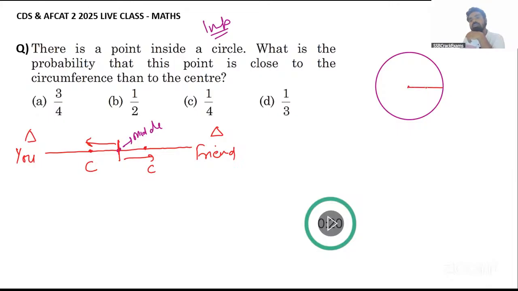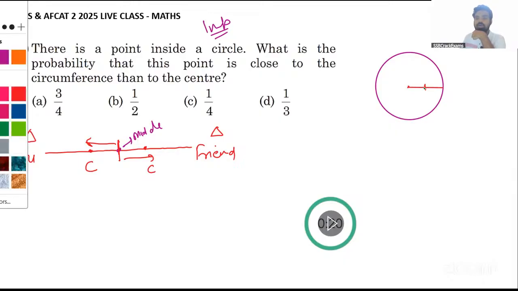Whether a point is closer to the circumference or to the center will be decided after half the distance. If it is after this point, then it will be closer to the circumference. And if the point is before the middle of this radius, then it will be closer to the center. Same concept we will use here.